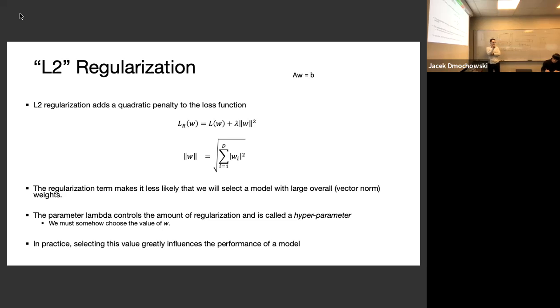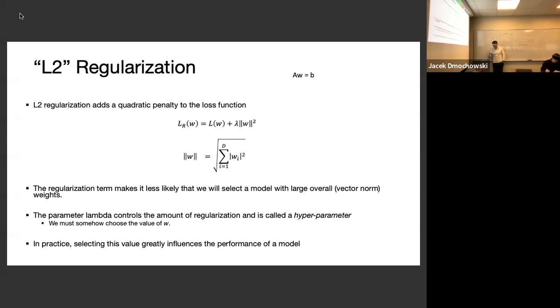It's not actually in your model. It's a parameter of your model fitting procedure. That's why it's called a hyperparameter, because we distinguish it from the actual model coefficients. And this is a typo. This says we must somehow choose the value of W. It should say lambda. So the problem is, how do we choose lambda?